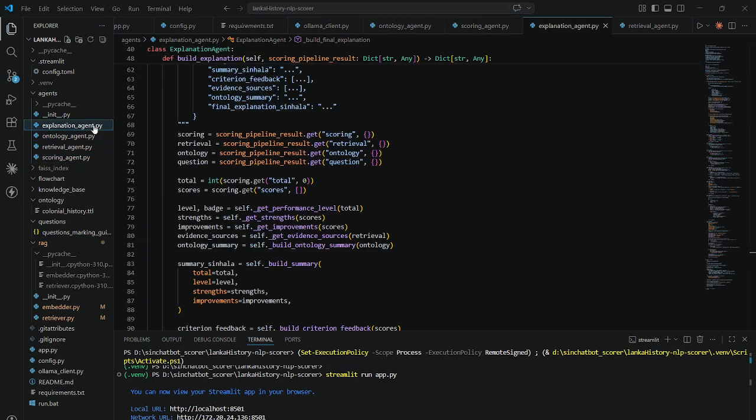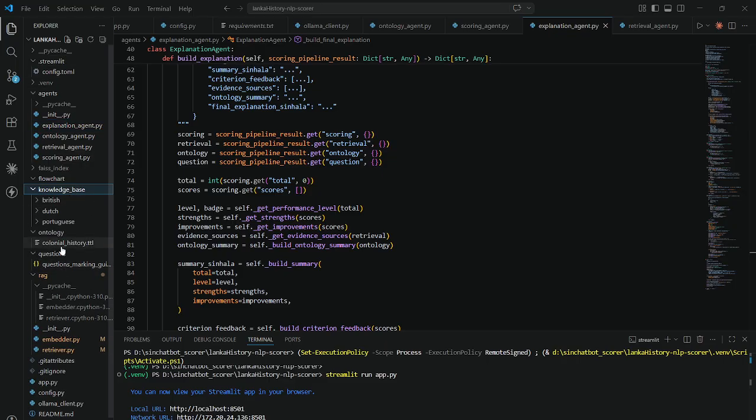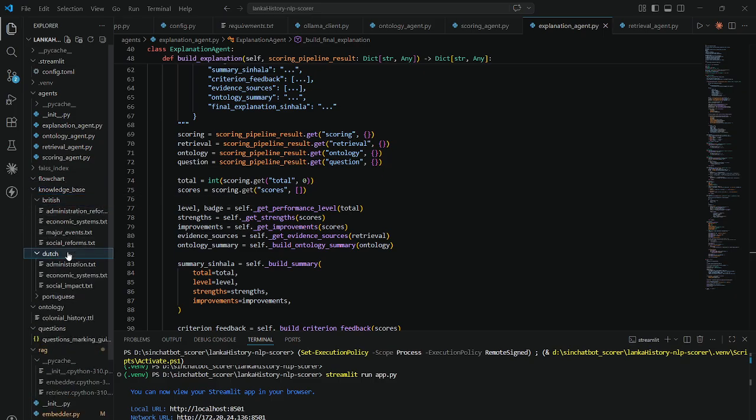The data and inference layer contains the local Sinhala knowledge base, the FAISS vector index, and the RDF ontology, with Ollama running the Gemma 3 4B model.